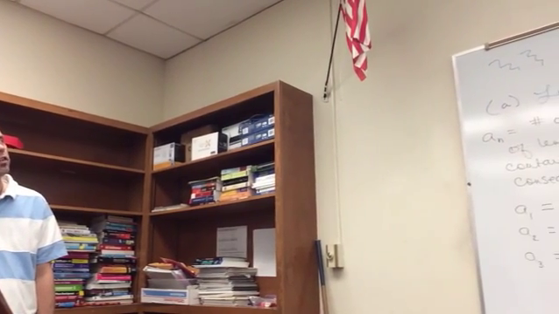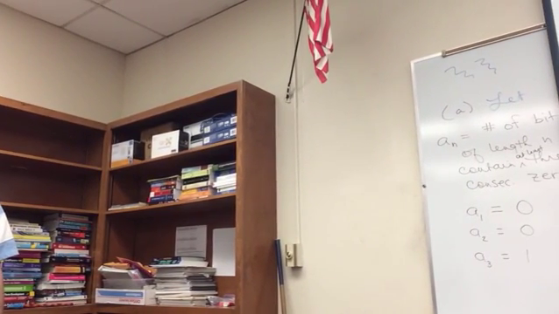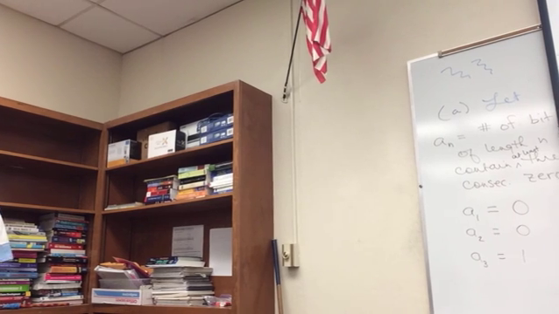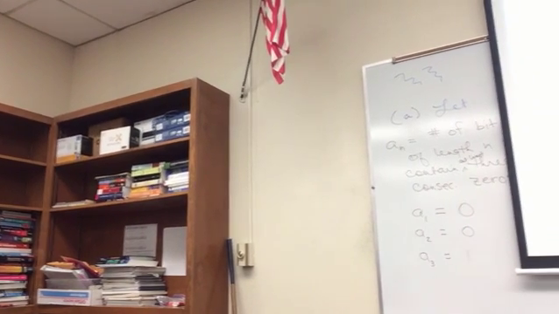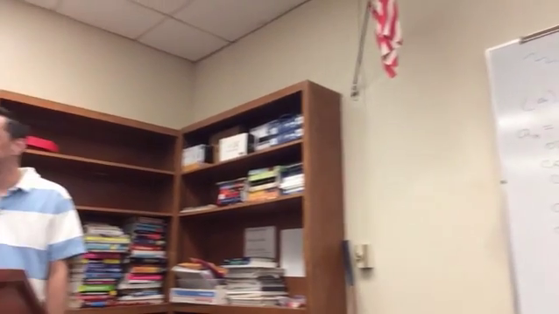If you just put it in using the formula, go down to where it says 7, and there are 47 bit strings of length 7 that contain 3 consecutive zeros. Make sense? Otherwise, you have to do it by hand, which isn't awful. It might take you about 5 to 10 minutes.